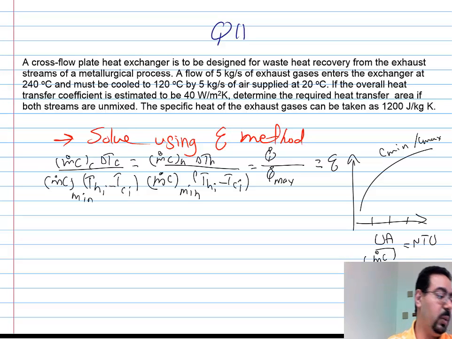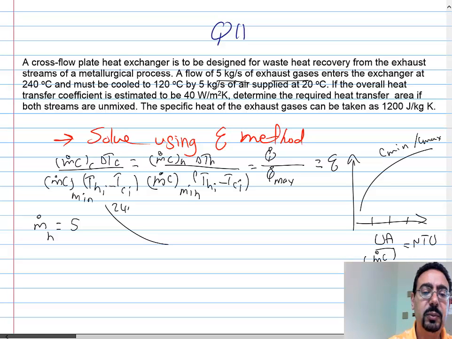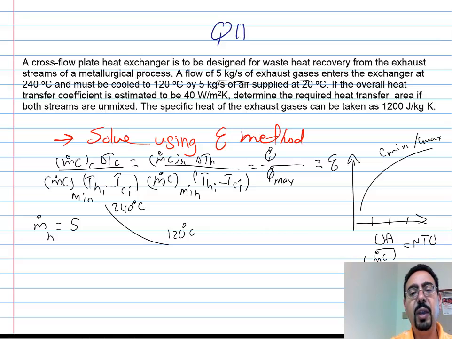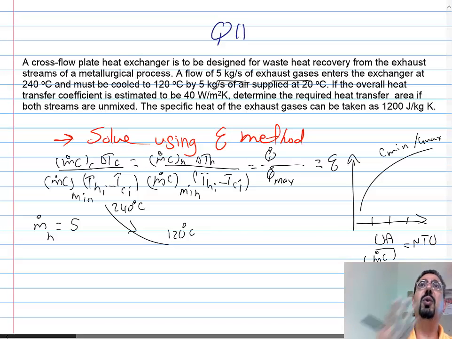So the hot fluid is coming, it's 5 kilogram per second of exhaust gases, so that's m dot hot, 5 kilogram per second, and it enters at 240 degrees, and it's supposed to be cooled to 120 degrees, all right, by 5 kilogram per second of air supplied at 20. So note that it's not really counterflow, it's not really parallel flow, it's cross flow.